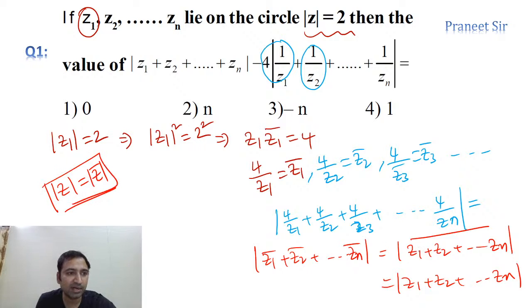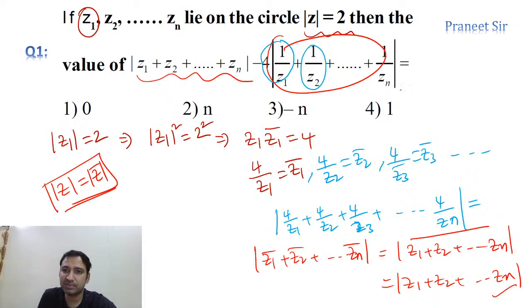By using this property, can I say that this whole thing is equal to mod Z1 plus Z2 plus Zn? So obviously this minus this will be 0 only. So the first option is the answer. Clear? Rohit, don't spam, okay? So guys, clear? Everyone understood how we got 0?